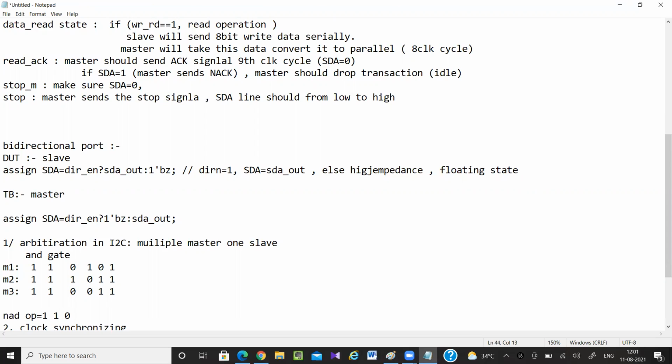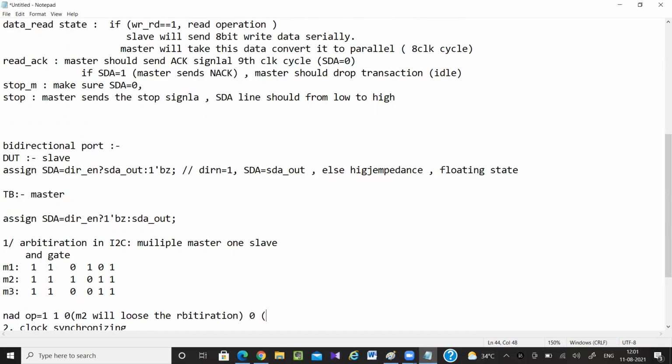So here what will happen? M2 will lose the arbitration. M2's SDA and SCL lines will go to high impedance state. Why is it losing the arbitration? Because it is sending 1 and the AND gate output is 0. Now 1, 1, 0 is matching either this value or this value. There is no chance that it can match this value. So it is gone. Now next what will be the output? 0.